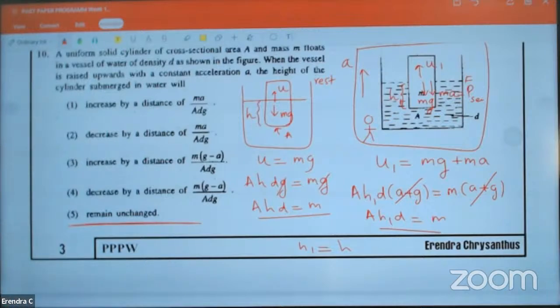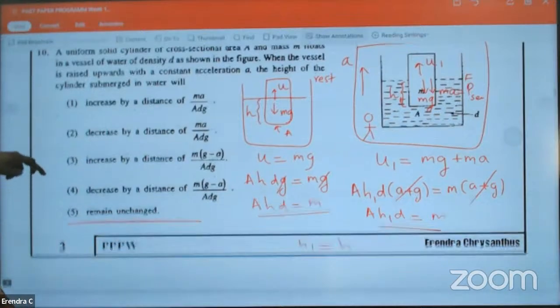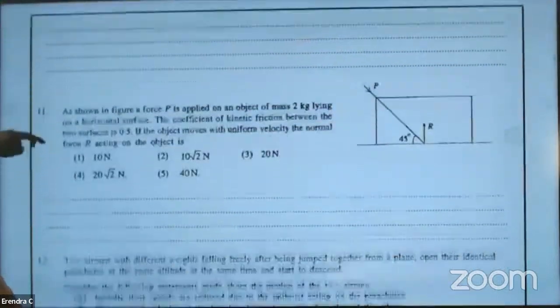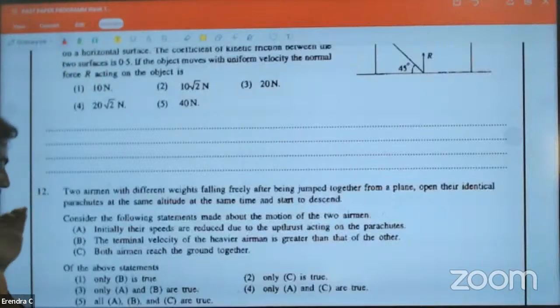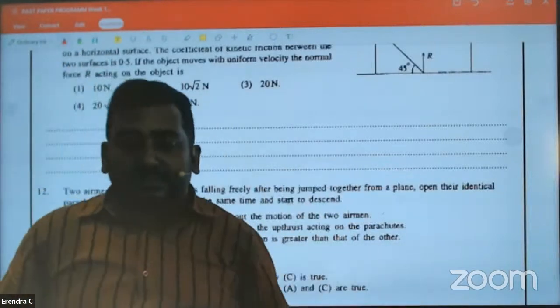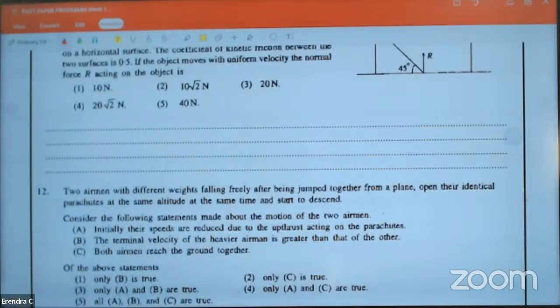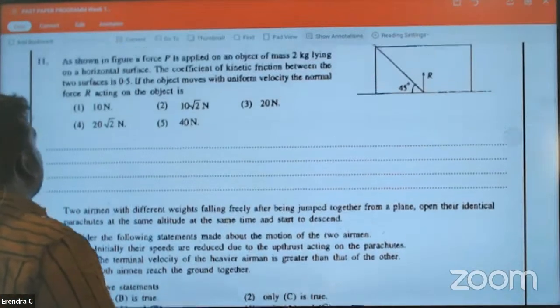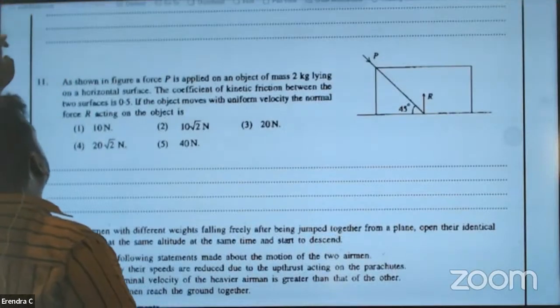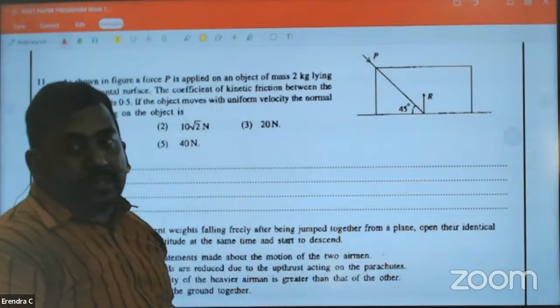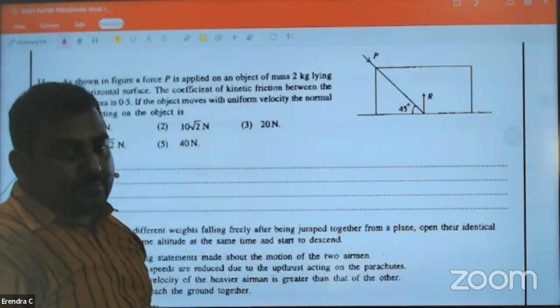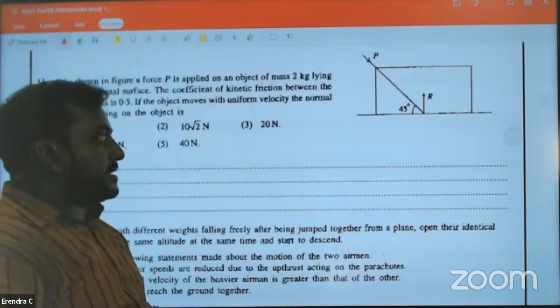Write a small sentence: when the system accelerates, upthrust is also affected.